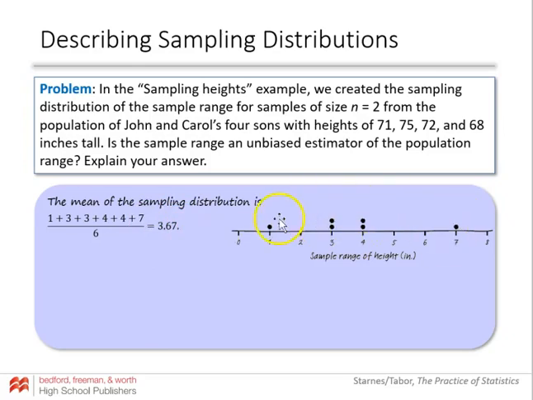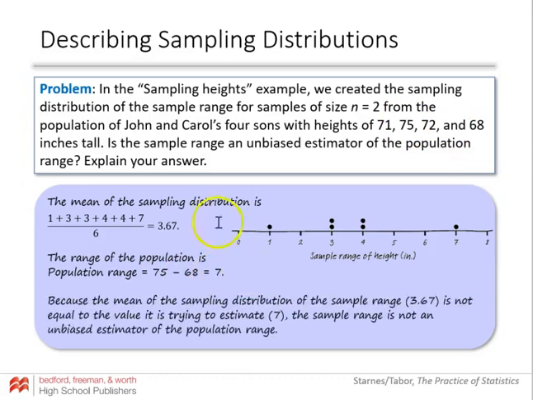What's the range of the population? Well, range is biggest number minus smallest number, so 75 minus 68 is 7. The mean of my sampling distribution does not equal the actual population parameter, so it is not an unbiased estimator. Okay.